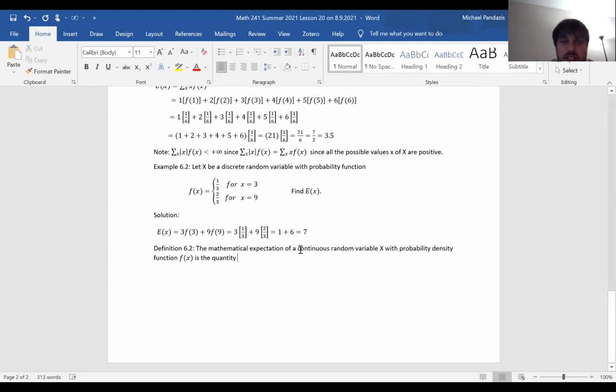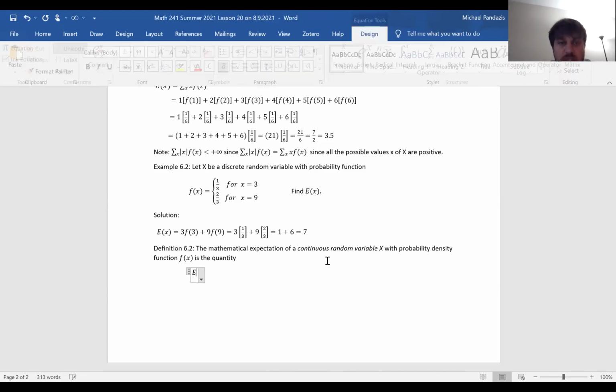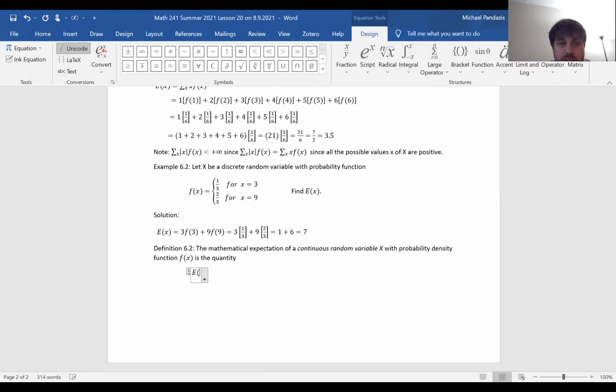So keep in mind this is a continuous random variable x now. Okay, so we now have a continuous random variable x, and so I italicized it, which you can't see, but I'm emphasizing that. So it's this quantity, and it's different because this is a continuous random variable as opposed to a discrete one.